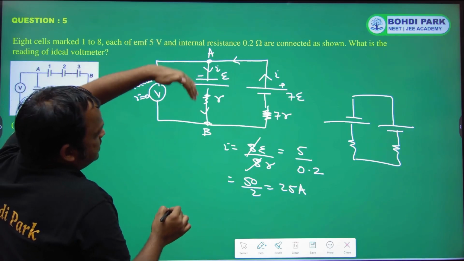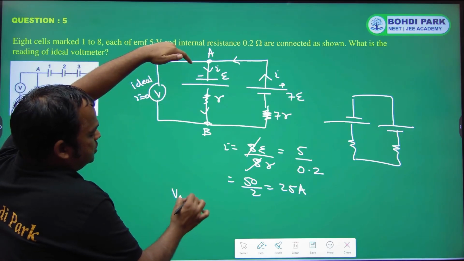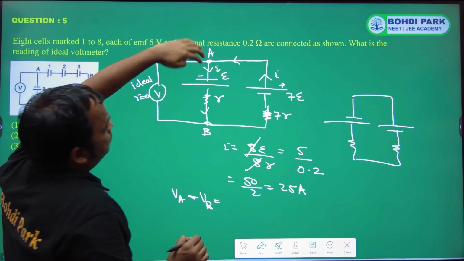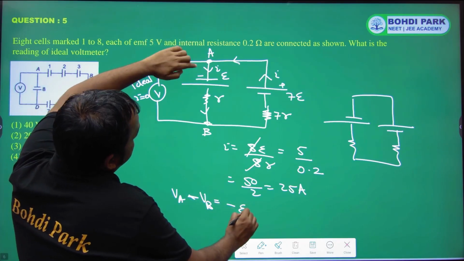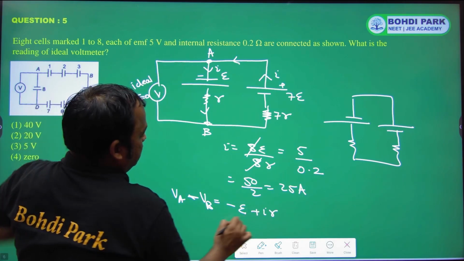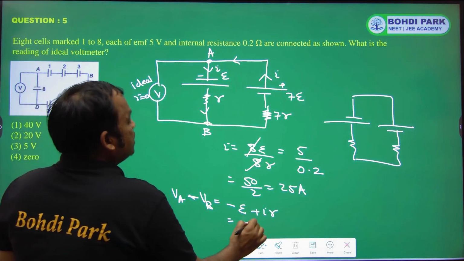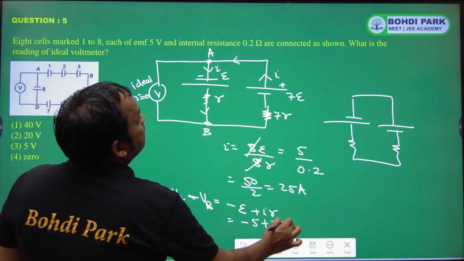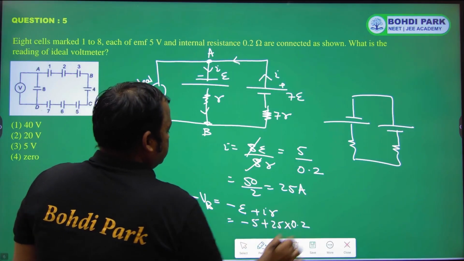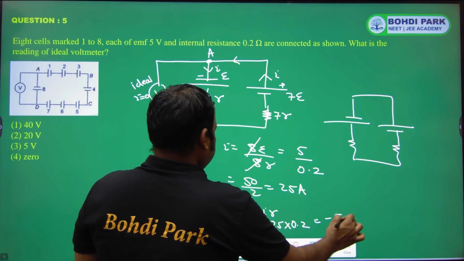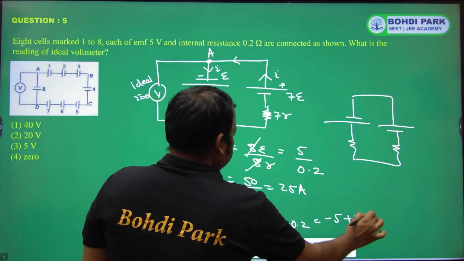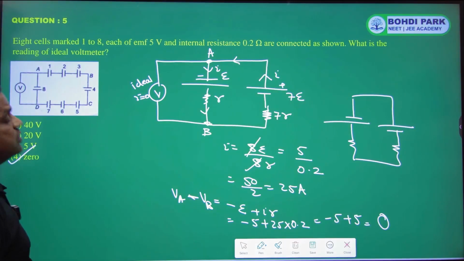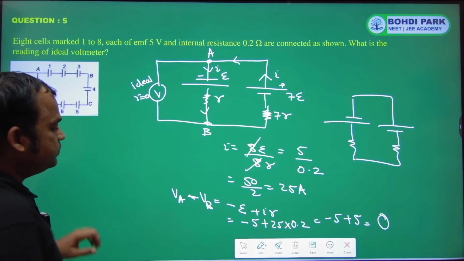The 8th cell is discharging, and we can use Kirchhoff's law. VA minus VB is equal to minus E plus IR, that is minus 5 plus 25 into R, which is 0.2. So minus 5 plus 5, that is 0. So 0 is the answer. Done. Now next question.